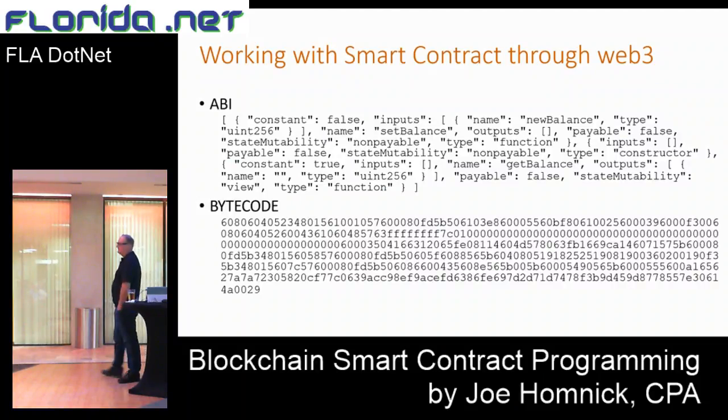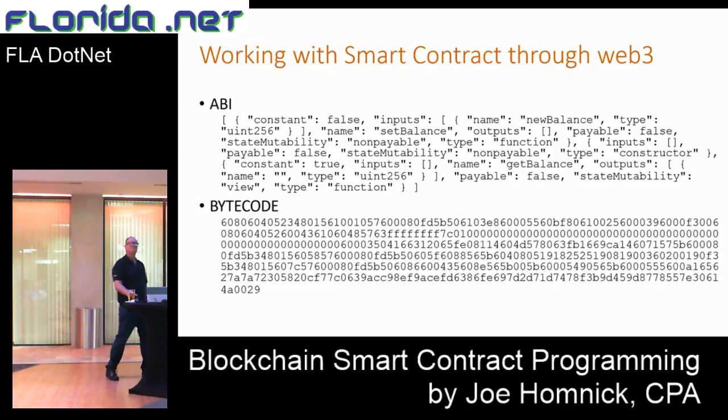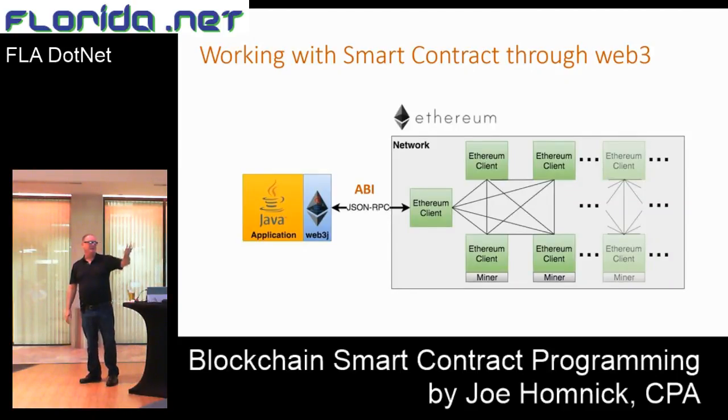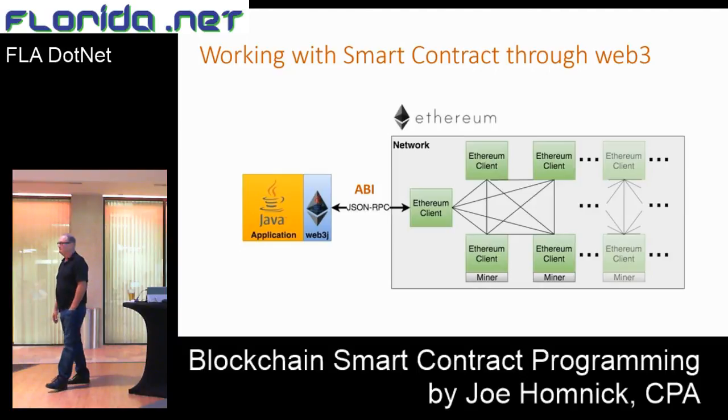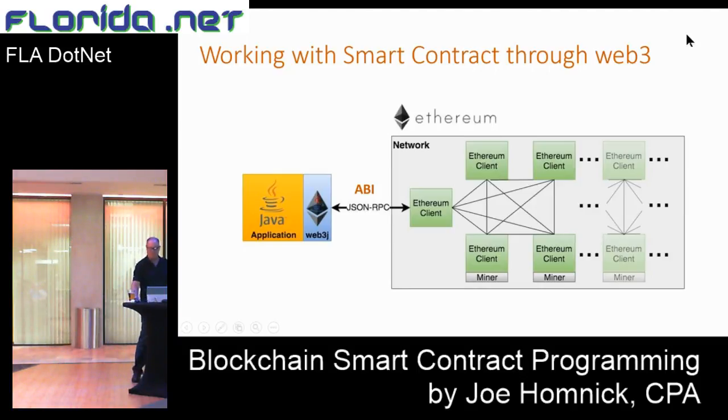And that's what it looks like. So your whole ABI, you've got the Web3 library, you have your HTML, JavaScript application. You go through Web3, do an RPC call, remote procedure call, into the Ethereum VM.